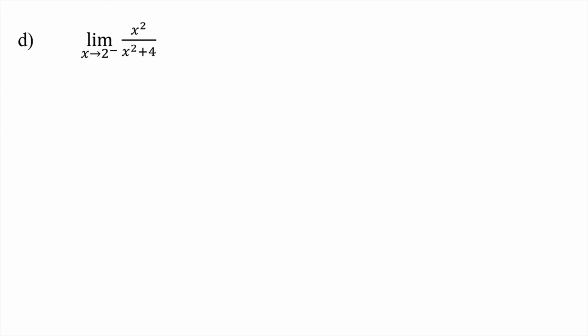What's our first step? Anytime we're doing a limit, what should always be our first step? Plug and chug. So plug it in. What do we get?